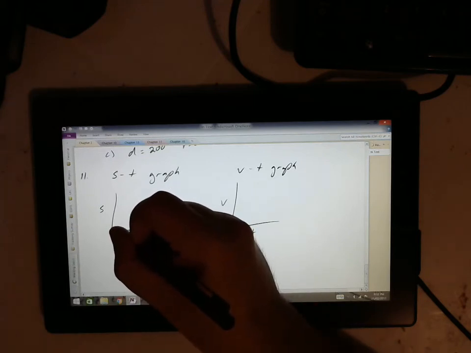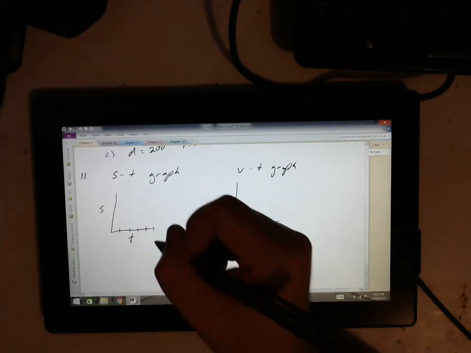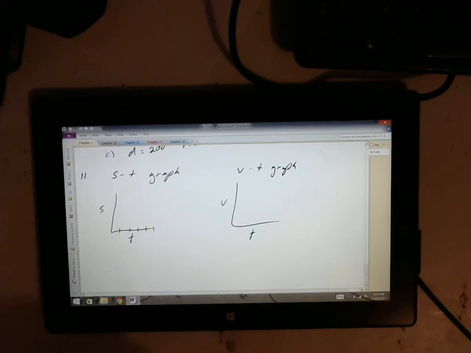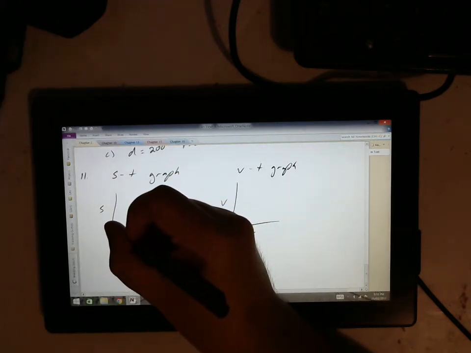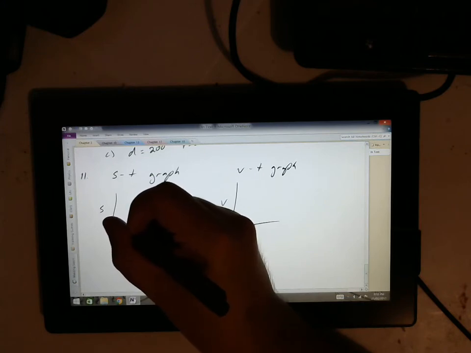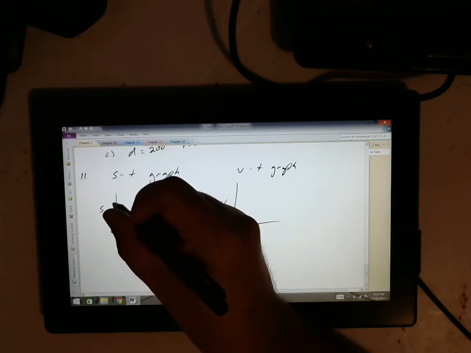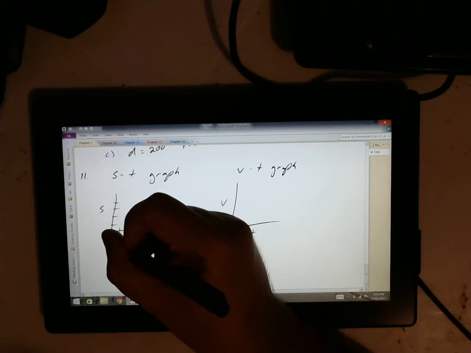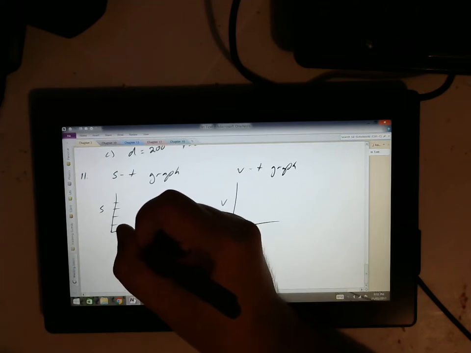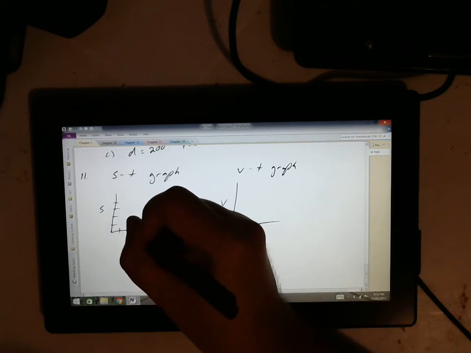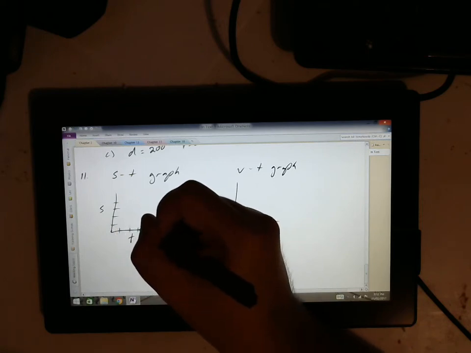We've got 5 seconds, 0, 1, 2, 3, 4, 5, and we're going up to eventually a displacement of 75 meters, so 20, 40, 60, 80. At time equals 0, displacement is 0. At 1 it's practically 0. At 2 it was 12. At 3 it was 27.